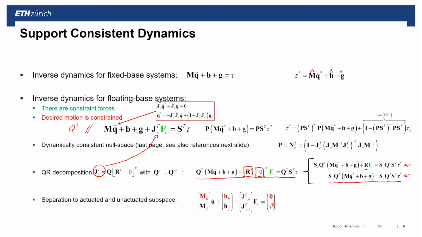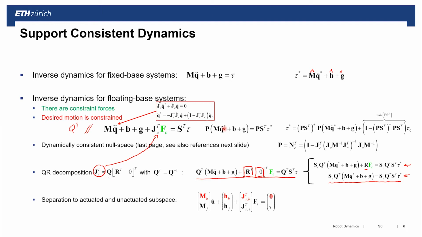So let me go here through a couple of questions. The last one was, if we apply this dynamically consistent null space, can we then have an arbitrary acceleration? So what is important here is this acceleration that I'm choosing here, this Q double dot star, always needs to be consistent with the constraint.